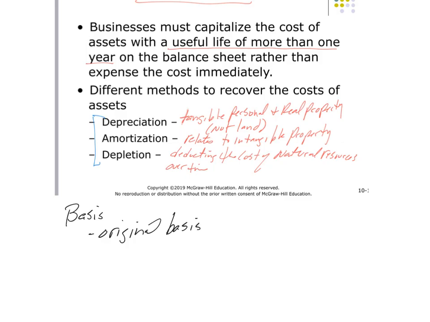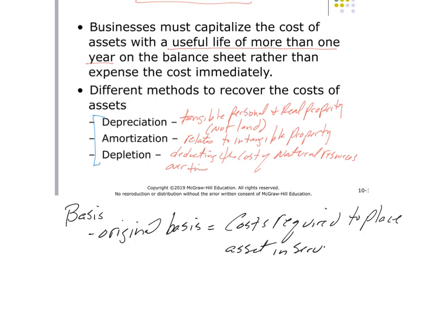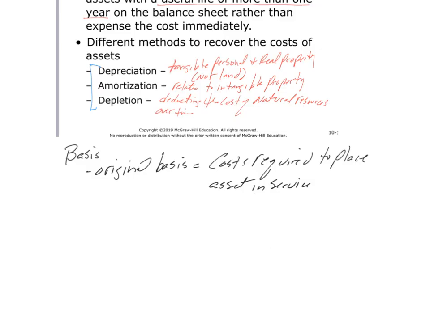So original basis involves all of the costs required to place an asset in service. So what are some common examples of this?